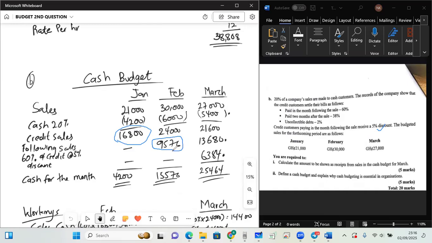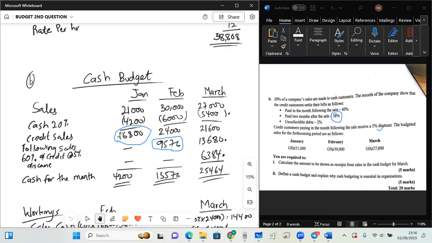And this is what was transferred, because this is the sales you made in January, and the 60% is going to be paid in February. So cash is going to be received in February. And then this same amount, we realize that 38% will be paid 2 months after the sales.